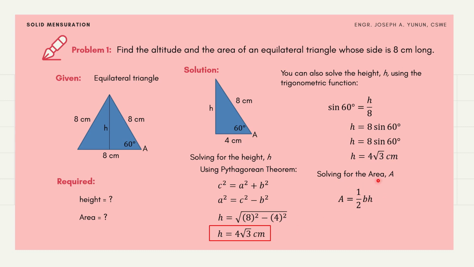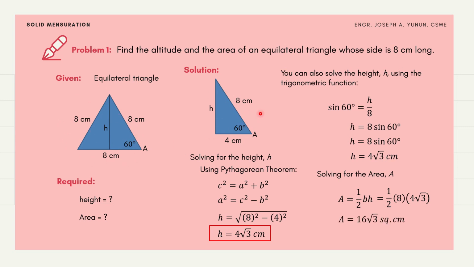So substituting all the given, I have 1/2 and then 8 for the base, and then 4 square root of 3. Okay. By the way, if you're going to use this triangle, 1/2 and then base multiplied by height, you only get half the area of the original triangle. You need to multiply that by 2.